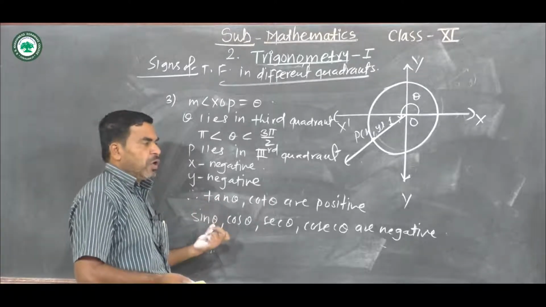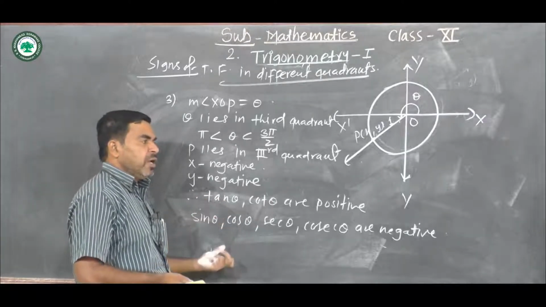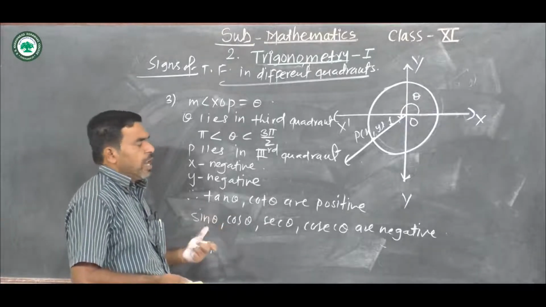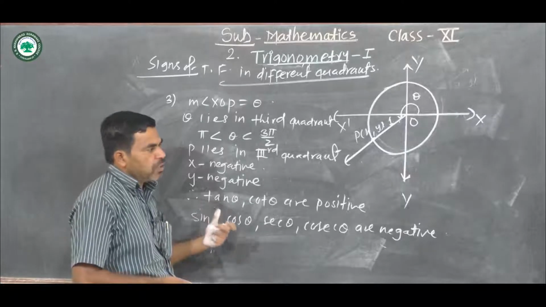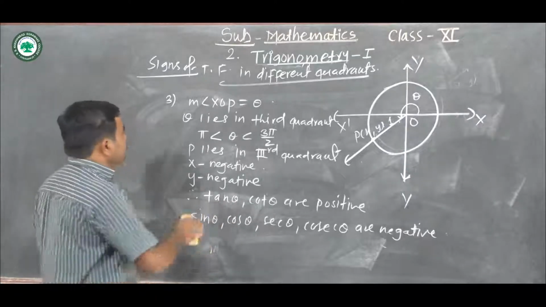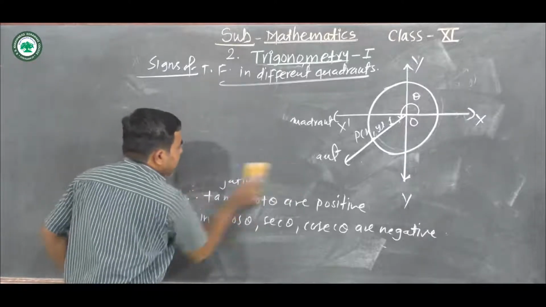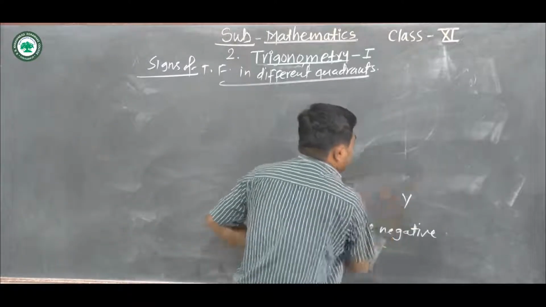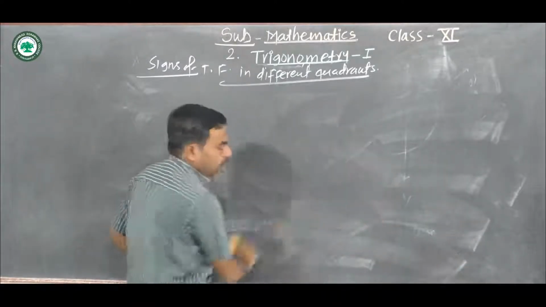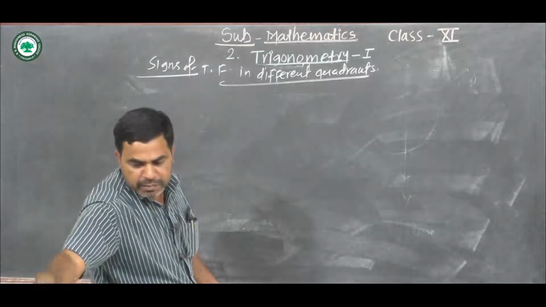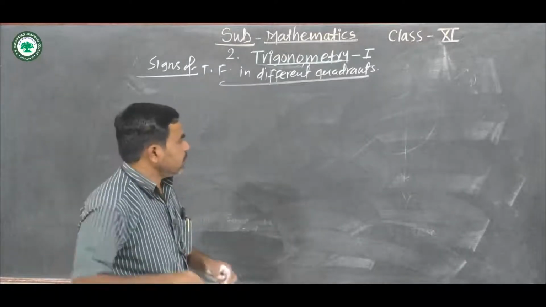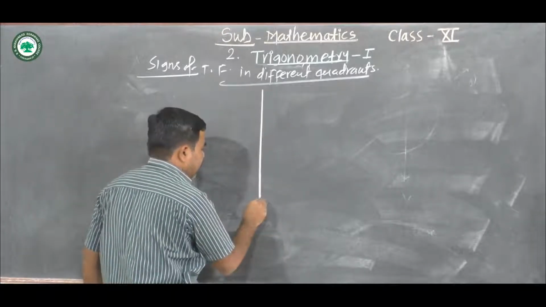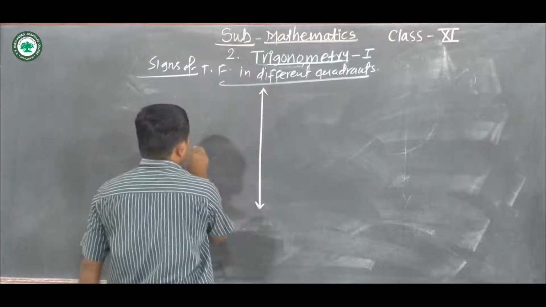And in fourth quadrant cosine ratio and secant ratio are positive, remaining ratios are negative. In short, we can remember the signs of trigonometric functions in different quadrants only by remembering a figure, and this figure is here. So to remember the signs of 6 trigonometric functions, just remember this figure.